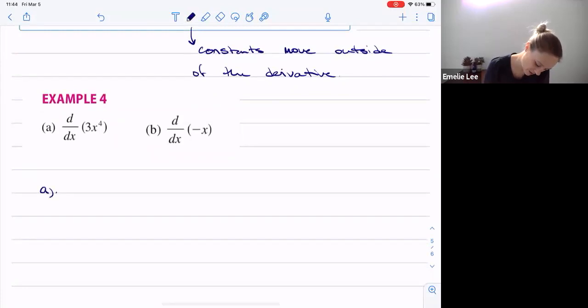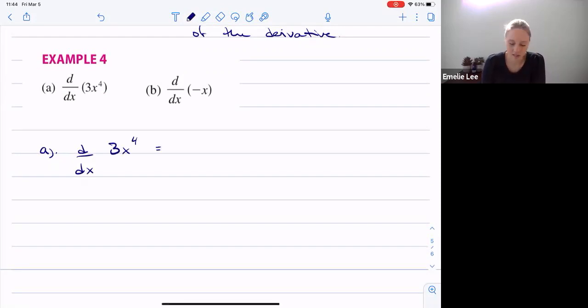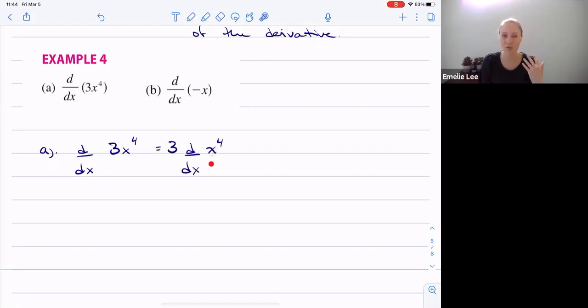So here for a, if I want to find the d dx of 3x to the 4th, this is the same as 3 times the derivative d dx of x to the 4th, which is exactly what we just learned how to deal with, right? And it behaves just the same way that you think it will.